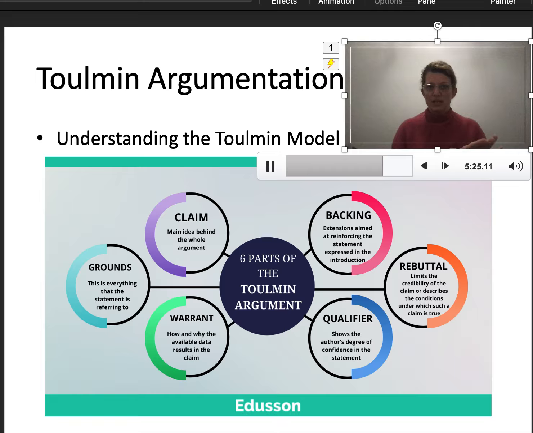The counterclaim. What's somebody going to argue against you saying these students need these classes? They're going to argue, well, some say that high school schedules are already packed. They don't have time for it. Well, what are we going to rebut to that? That makes our claim hold and reduces the strength of the counterclaim.